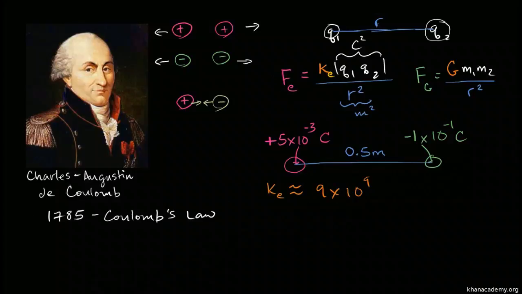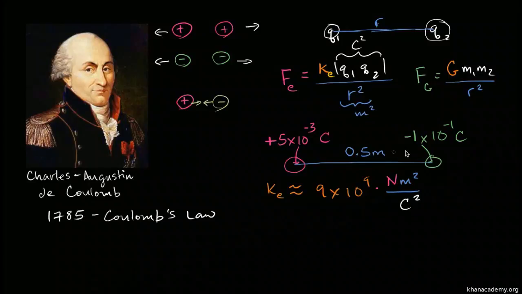And so the units here are newton meter squared over coulomb squared. So the meter squared will cancel with the meter squared in the denominator, and the coulomb squared will cancel with the coulomb squared, and you'll be just left with newtons.